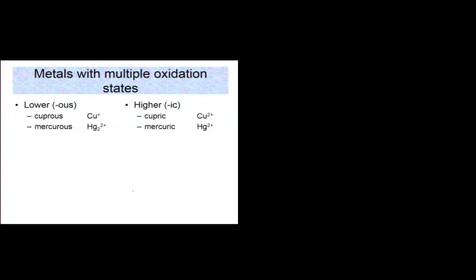Can I think of it that way? Okay, so maybe that would help you remember. Well, if that's the plus 1, then that must be the us ending. Mercurous is Hg2 2 plus. Chromous and chromic.